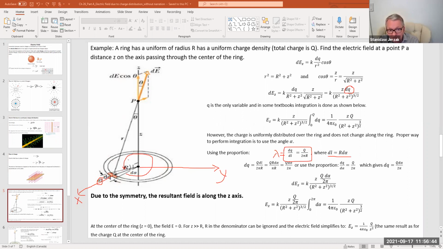So if that little chunk of charge subtends this angle, which is designated d alpha, right?